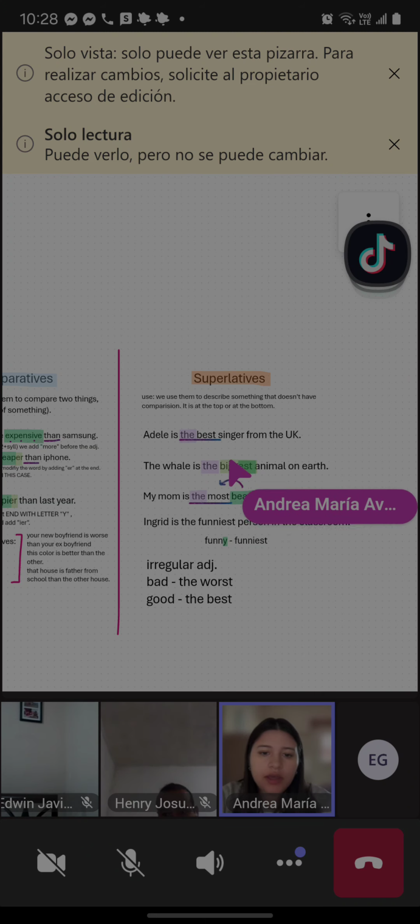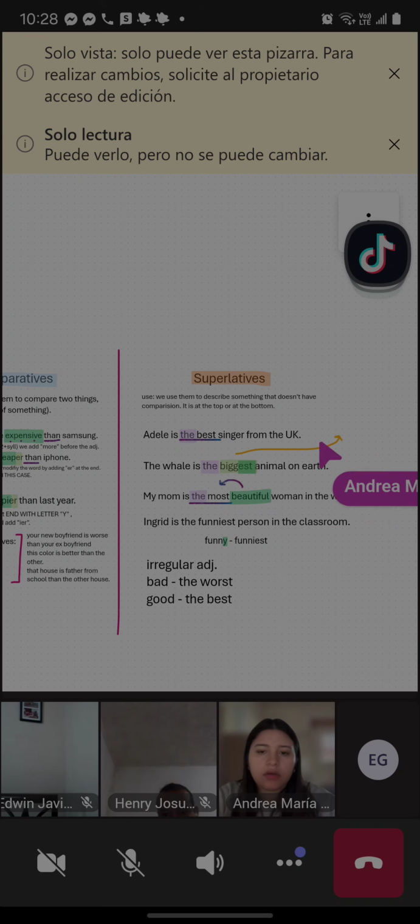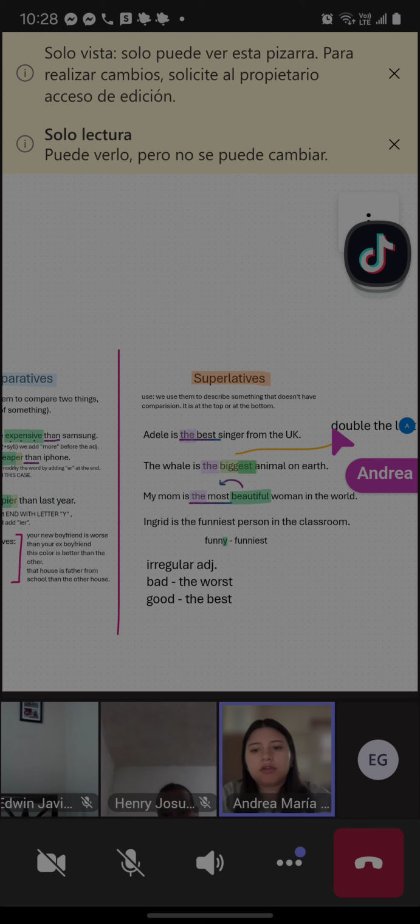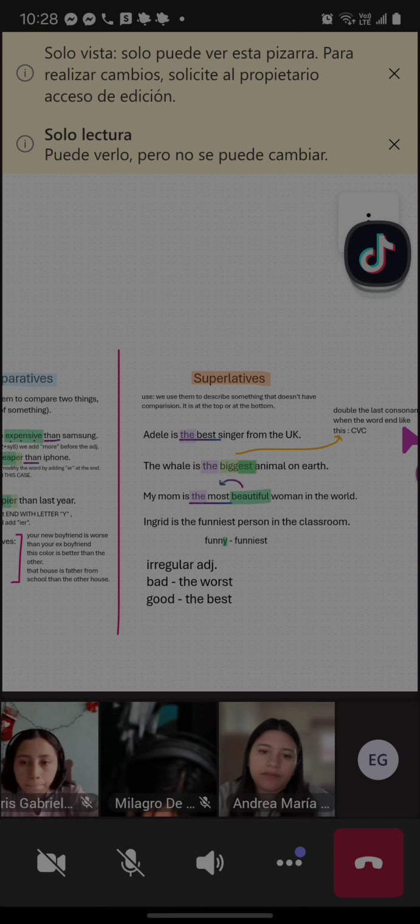You double the last consonant when the word ends like this: consonant, vowel, consonant. I remember now, teacher. Thank you.